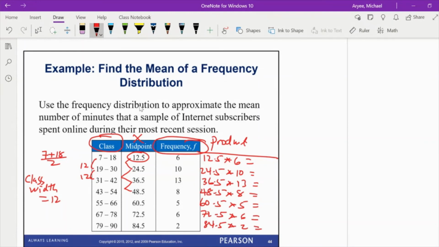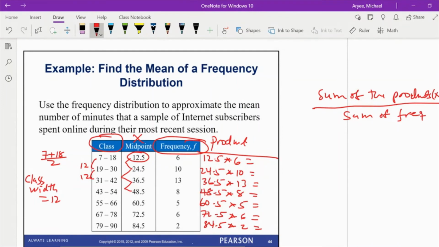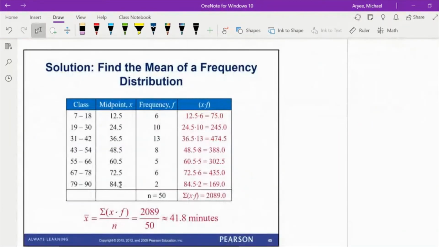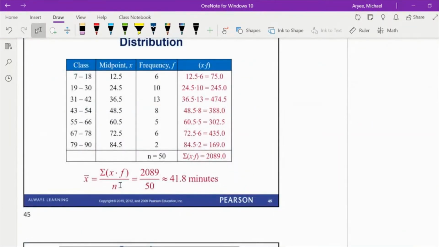So all you're going to do is take the sum of the product, which in this case is the x times the f, divided by the sum of the frequency, which is your weight. You add all the frequencies and that is your denominator. Let me see if that is worked out here for you.